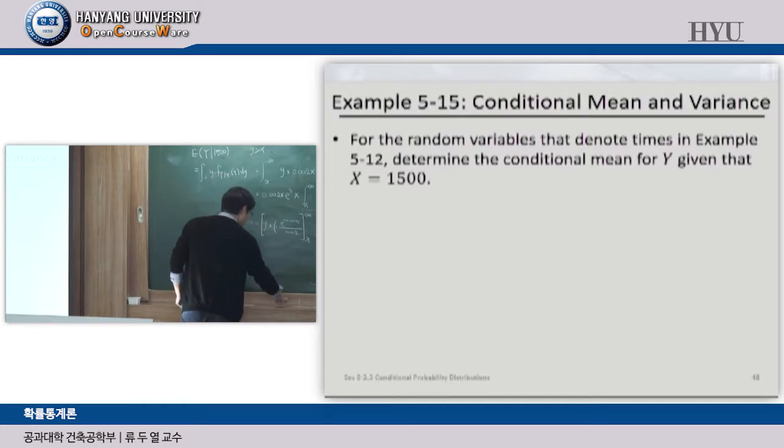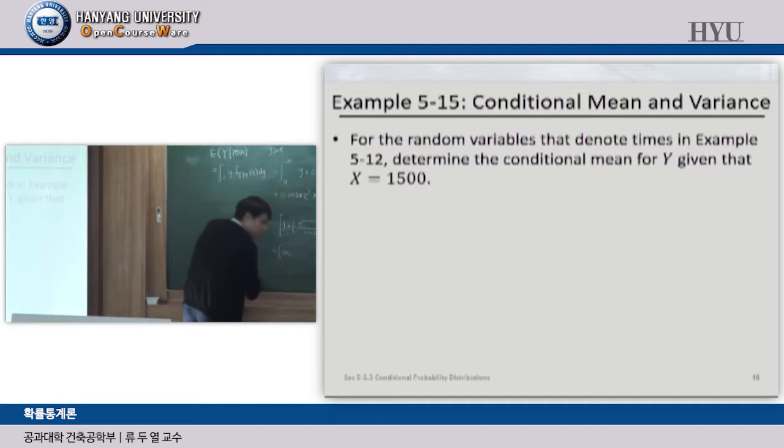And in here, this is equal to infinity times exponential minus infinity, minus x times minus exponential minus 0.002x over 0.002. Right? Okay?